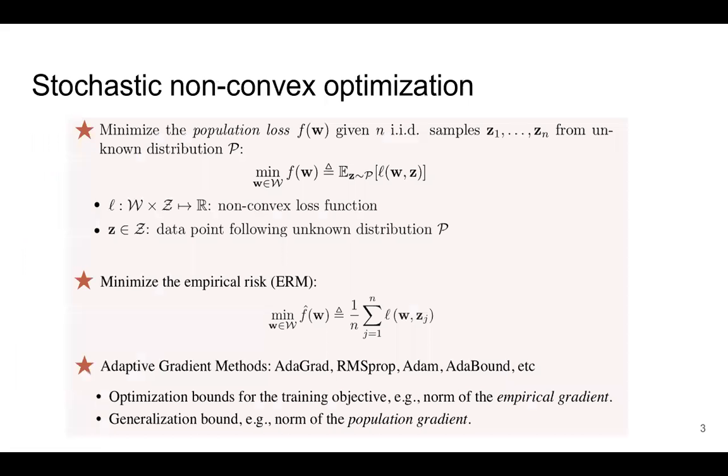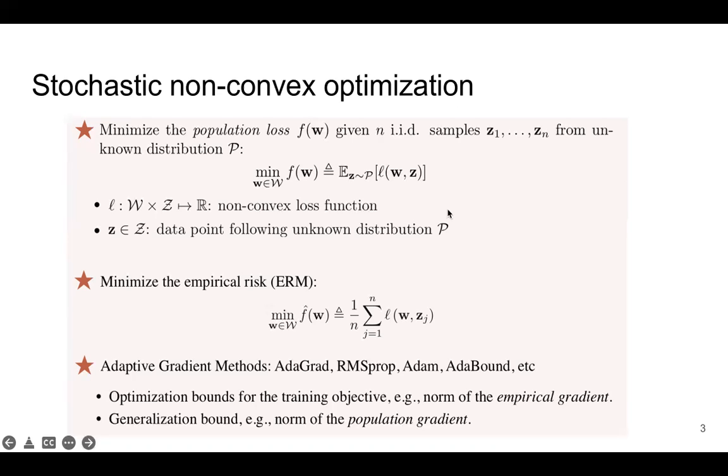In this work, they consider a stochastic non-convex optimization problem, which tries to approximately minimize the population loss given an i.i.d. set Z1 to Zn from an unknown distribution P. Here Z is a data sample from the distribution P, W is the parameters of the learning model, L is the loss function, and F is the population risk, which is non-convex for most deep learning tasks.